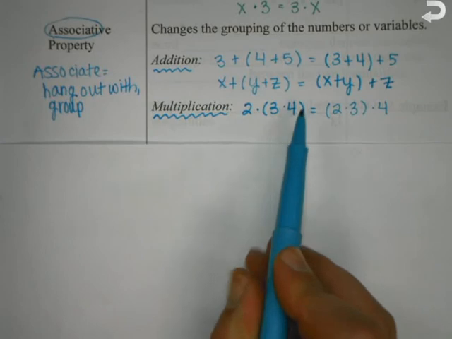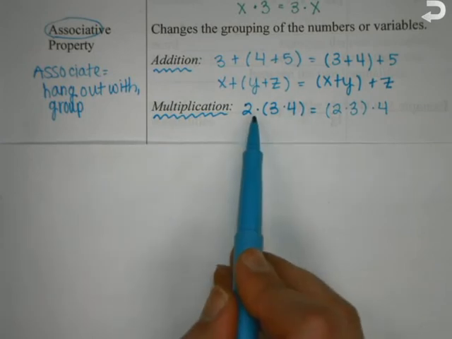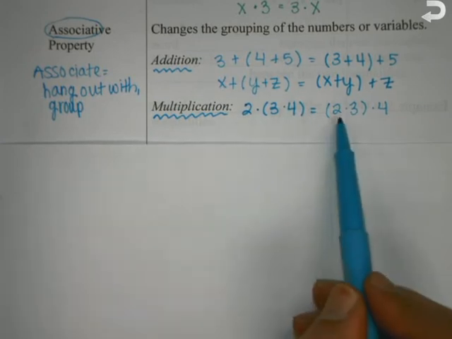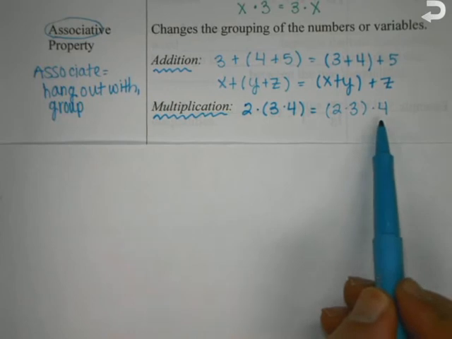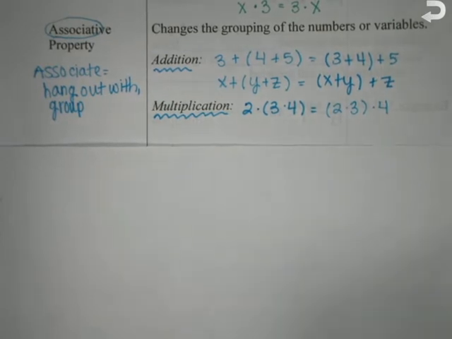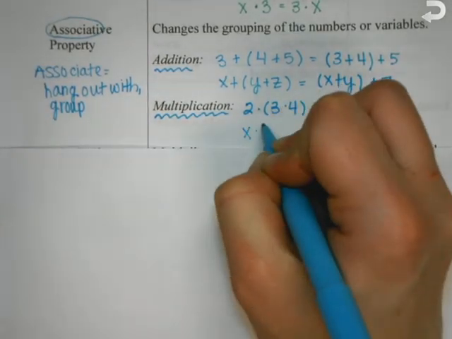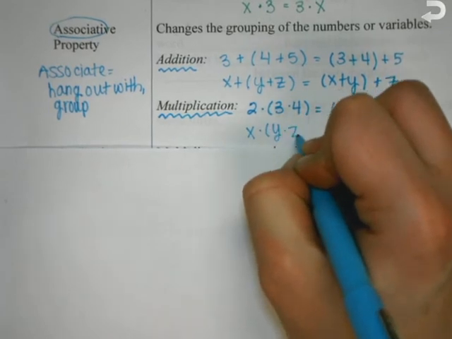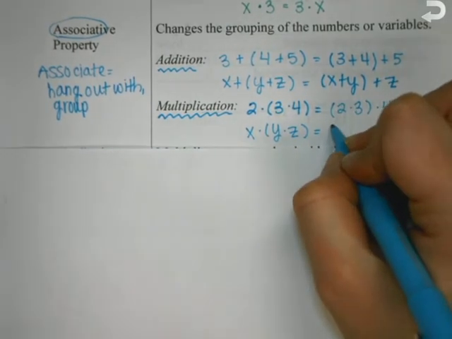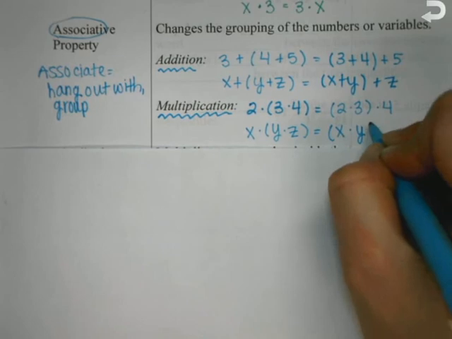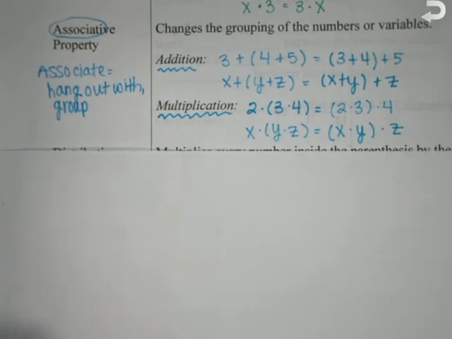And 12 times 2 gives me 24. 2 times 3 gives me 6 times 4, 24. So the order doesn't matter, right? This is the same as x times (y times z), as if I grouped (x times y) times z. So the order, or the way we group them, does not matter.